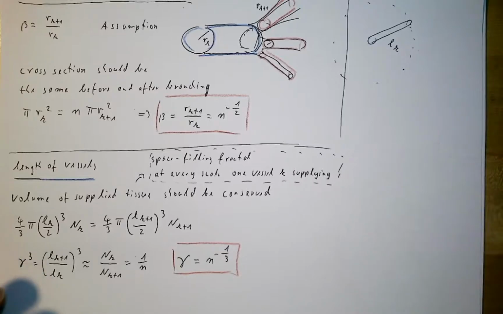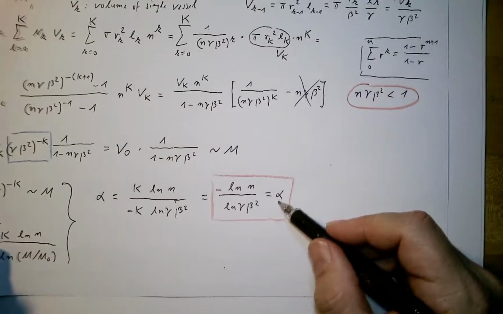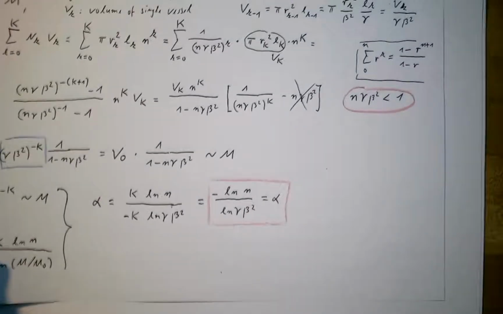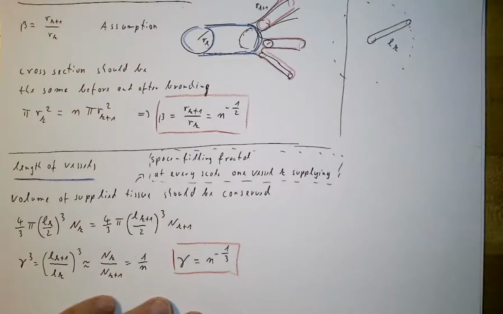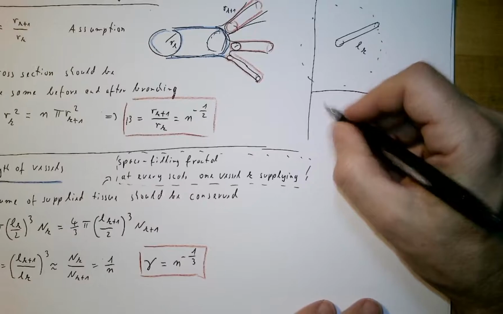But now let's go back to the formula we had somewhere before. So our fractal dimension was given as this ratio from our fundamental parameters. Maybe let's write this down again. So what was our fractal dimension?